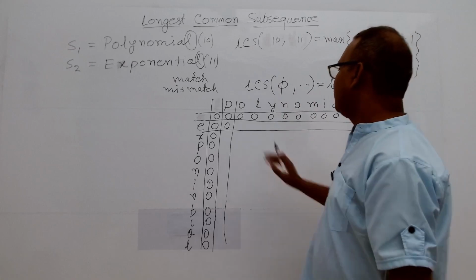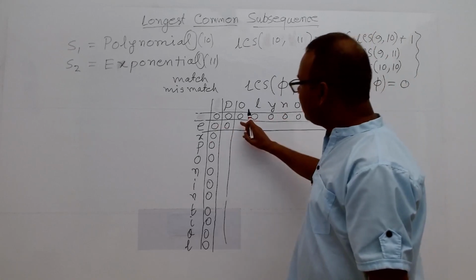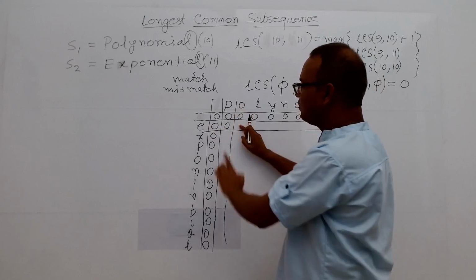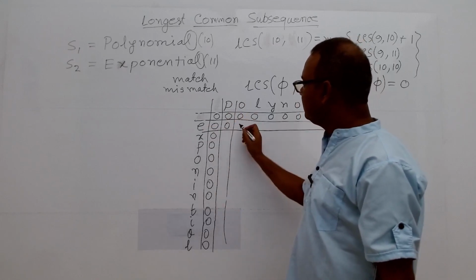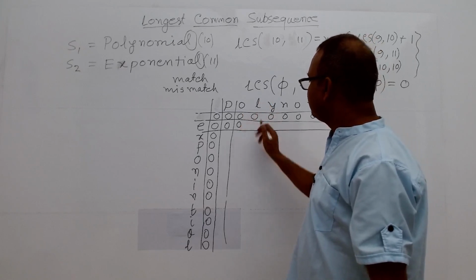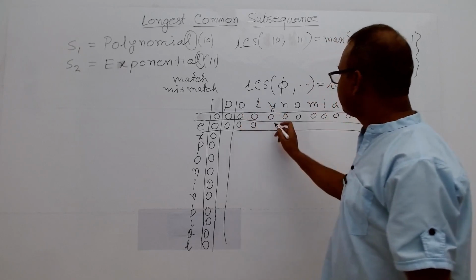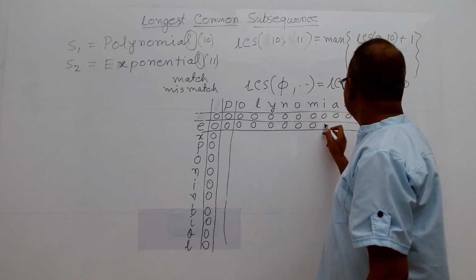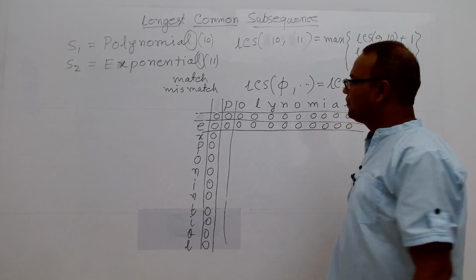Got it? Now repeat this in every position. Here E and O are not matched, max among these three is 0. E and L not matching, max among these three is 0. So similarly, this is all 0.